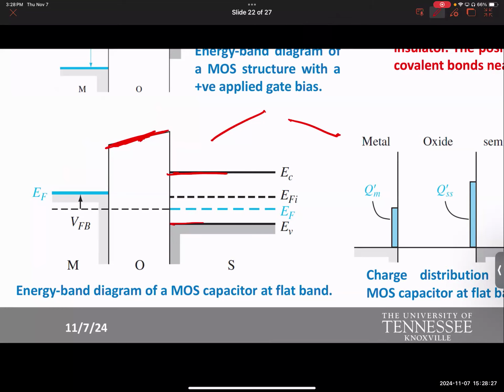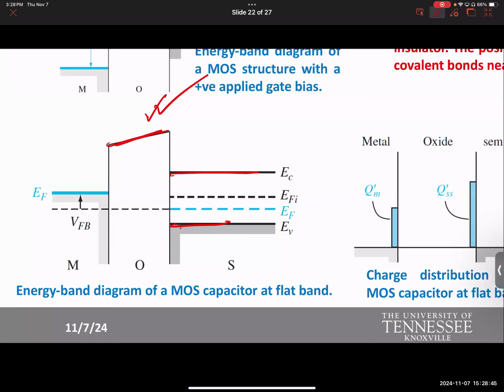Okay, but there will be some charges. Question is why? You might be wondering, hey, the semiconductor is flat. We care about the semiconductor being flat because the semiconductor changes from accumulation to inversion, not the oxide. The oxide is basically useless here in terms of conduction and stuff.